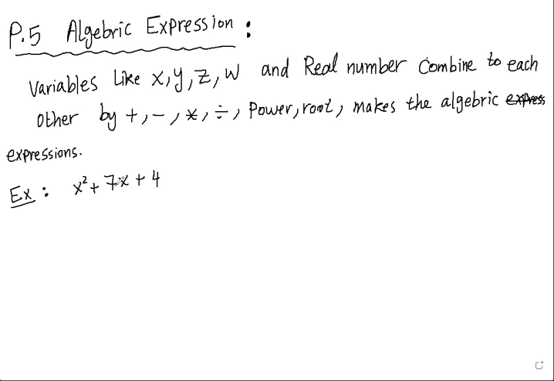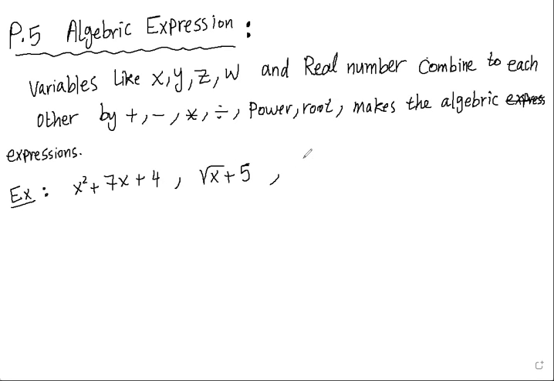Another example of an algebraic expression: square root of x plus 5. Look, we have the radical root of x plus 5: number, variable, operation plus, and the root. So this is also called an algebraic expression.